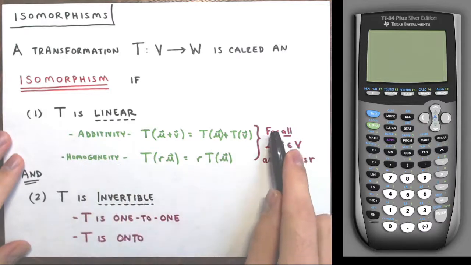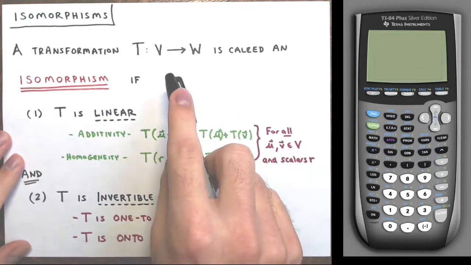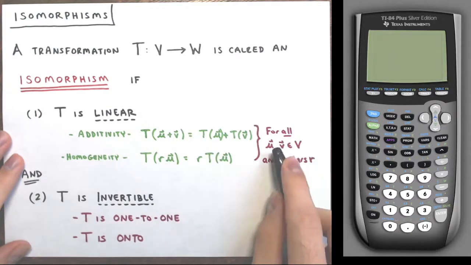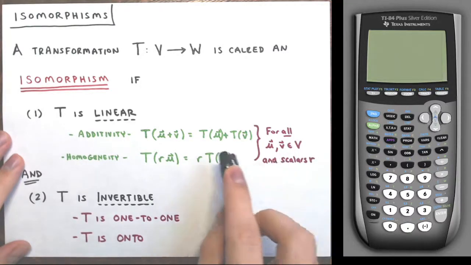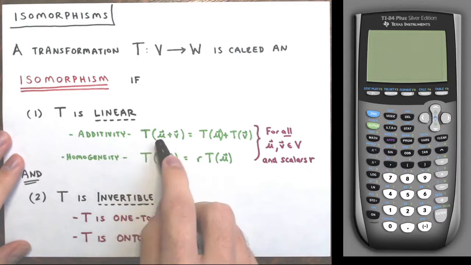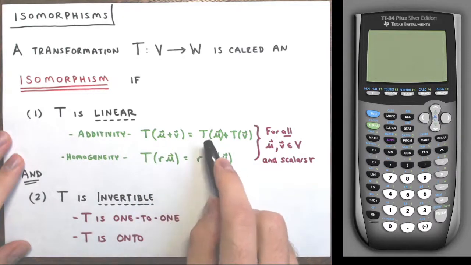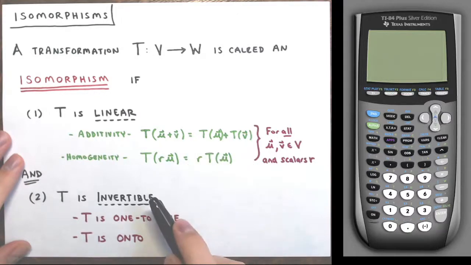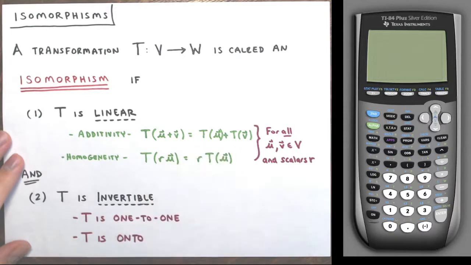For all vectors u and v from the domain V, and all scalars R, the image of u plus v under T would be equal to the image of u under T plus the image of v under T, or T of u plus v equals T of u plus T of v.